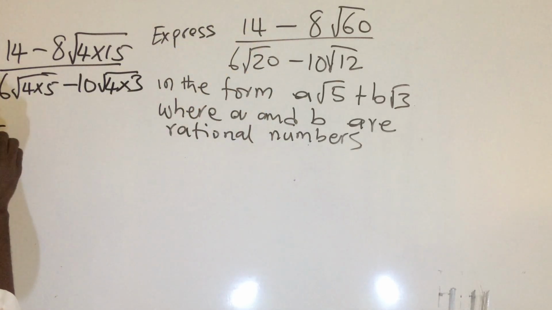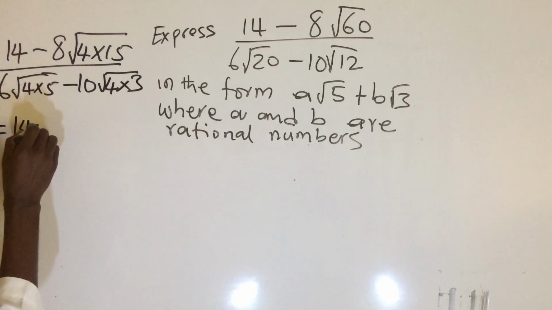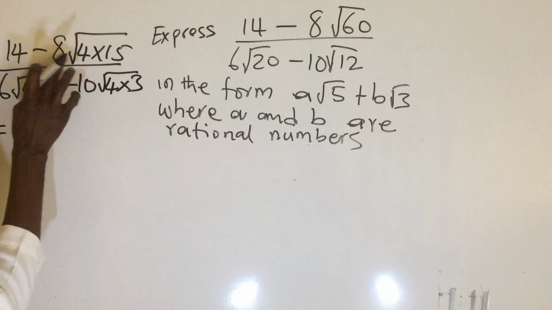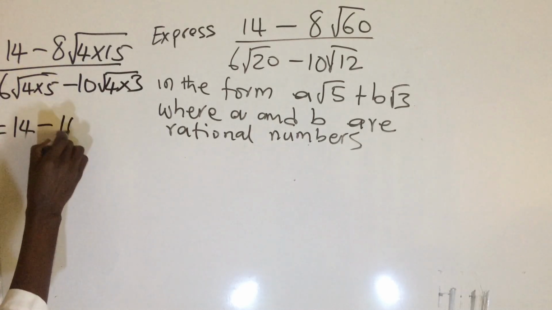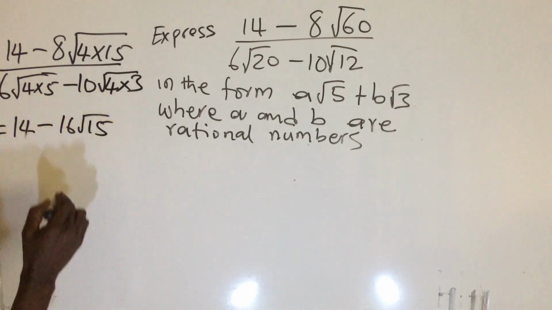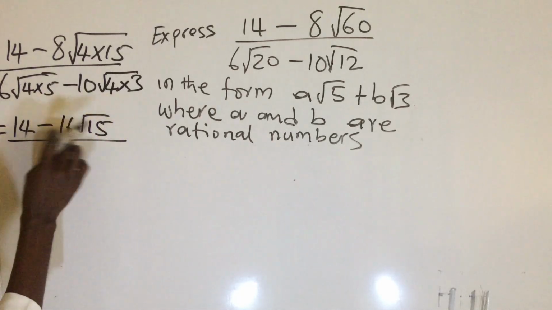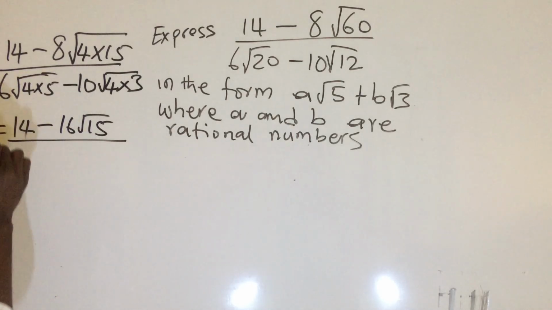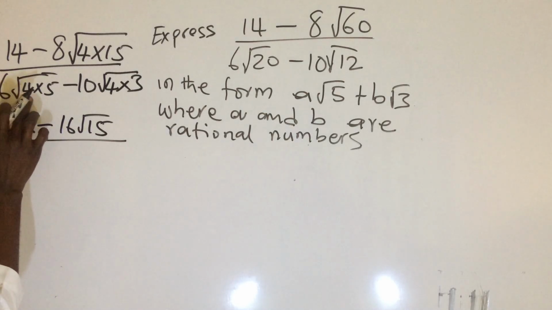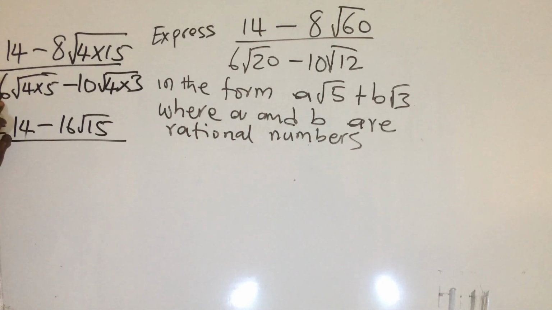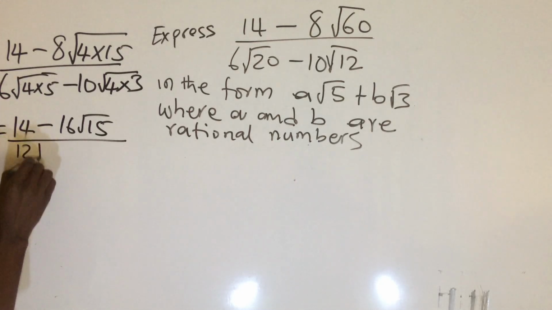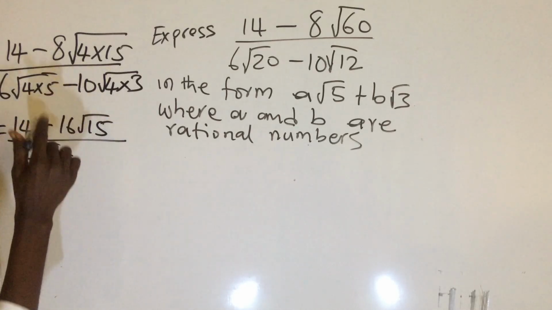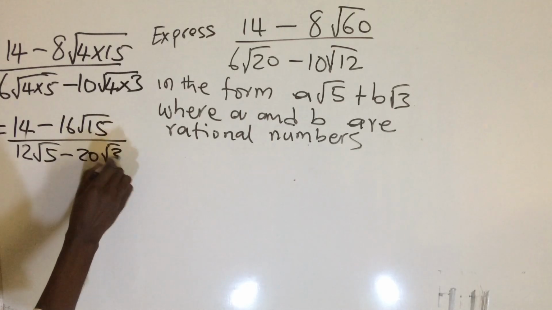Now we continue by saying 14 minus, root 4 here is 2, 2 times 8 is 16 root 15, all over. We now have this after simplifying the numerator. Then root 4 here is 2, 2 times 6 is 12 root 5, minus root 4 is 2, 2 times 10 is 20 root 3.